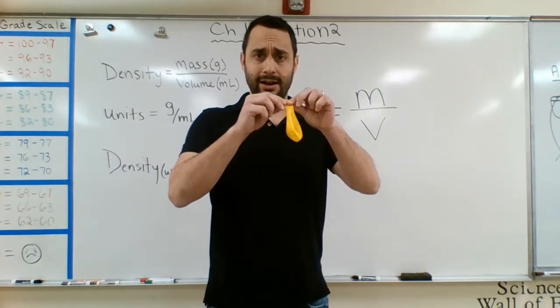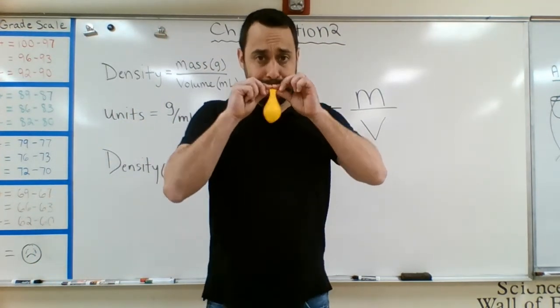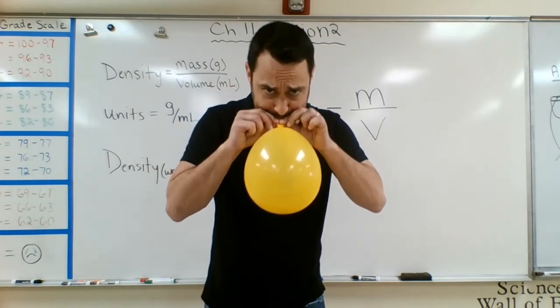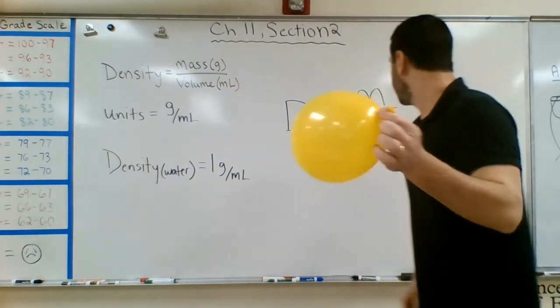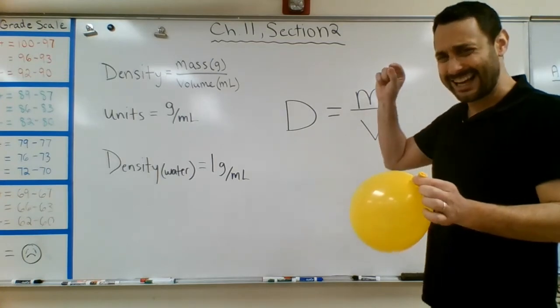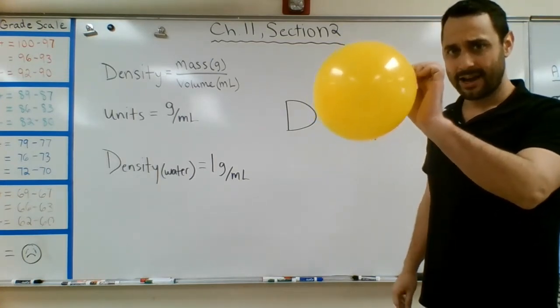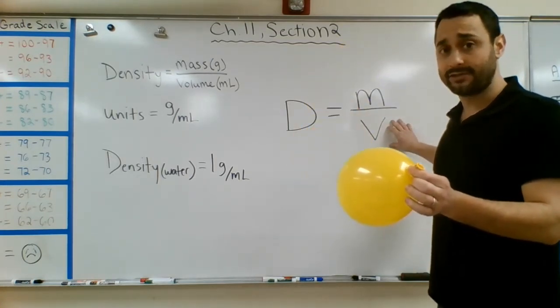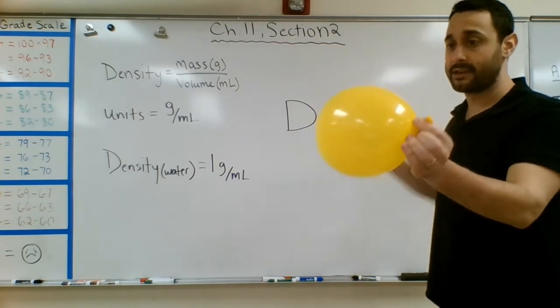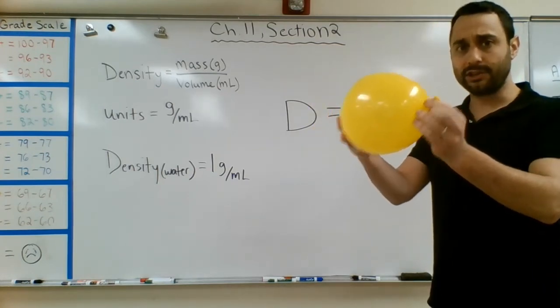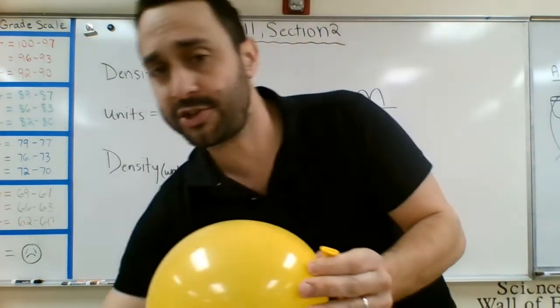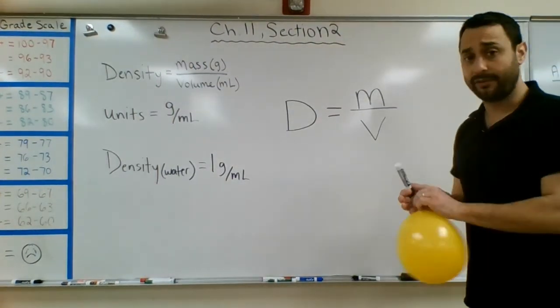So if I take this balloon and add some air to it, now, yeah, I am adding just a tiny little bit of extra mass, but really what I've done is I have increased the volume.